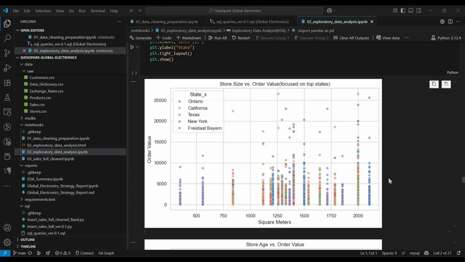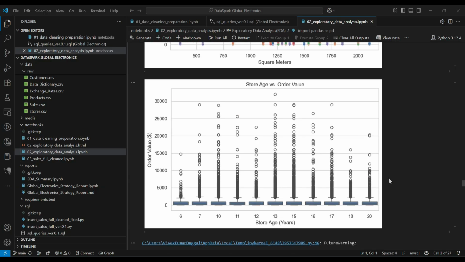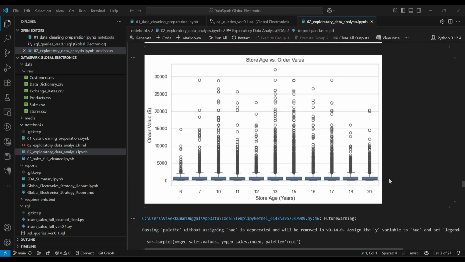Smaller stores under 1000 square meters can still achieve notable order values, though less frequently. Actionable insight: while larger store sizes provide potential for higher sales, optimizing layout, staff, and customer experience is also critical. Consider benchmarking high-performing medium-sized stores for scalable strategies.